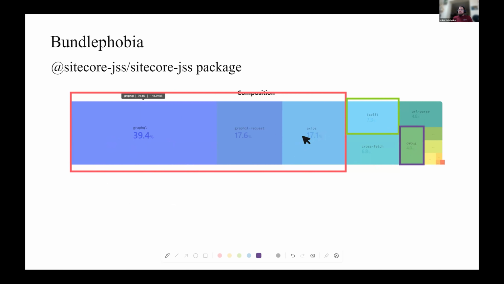We know what these packages are about. All these packages are about communication between web services. And where, in the case of a Next.js Sitecore website, does all communication happen?